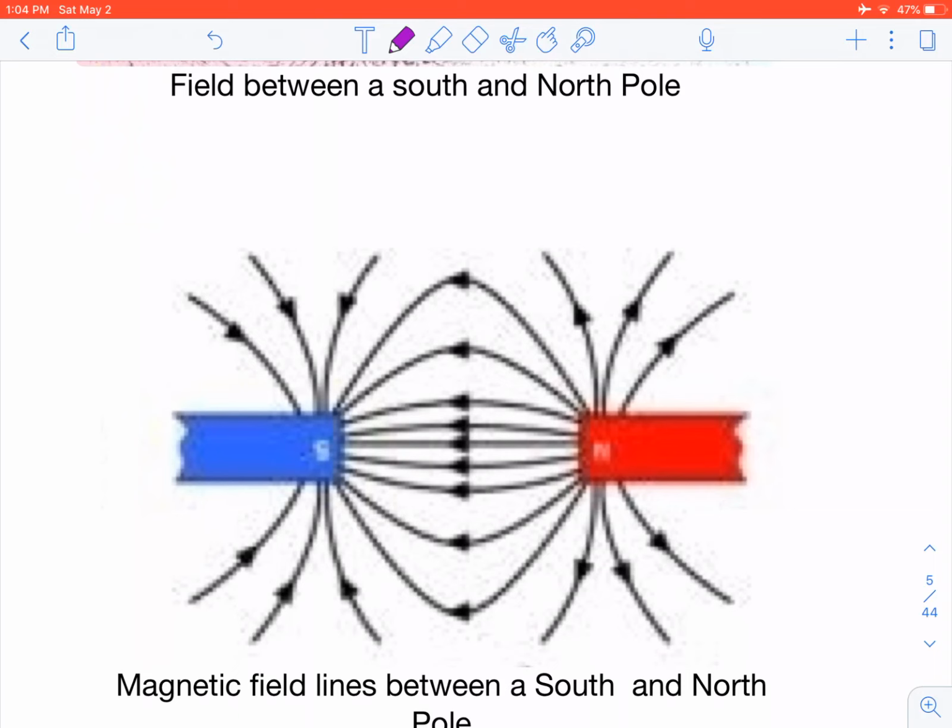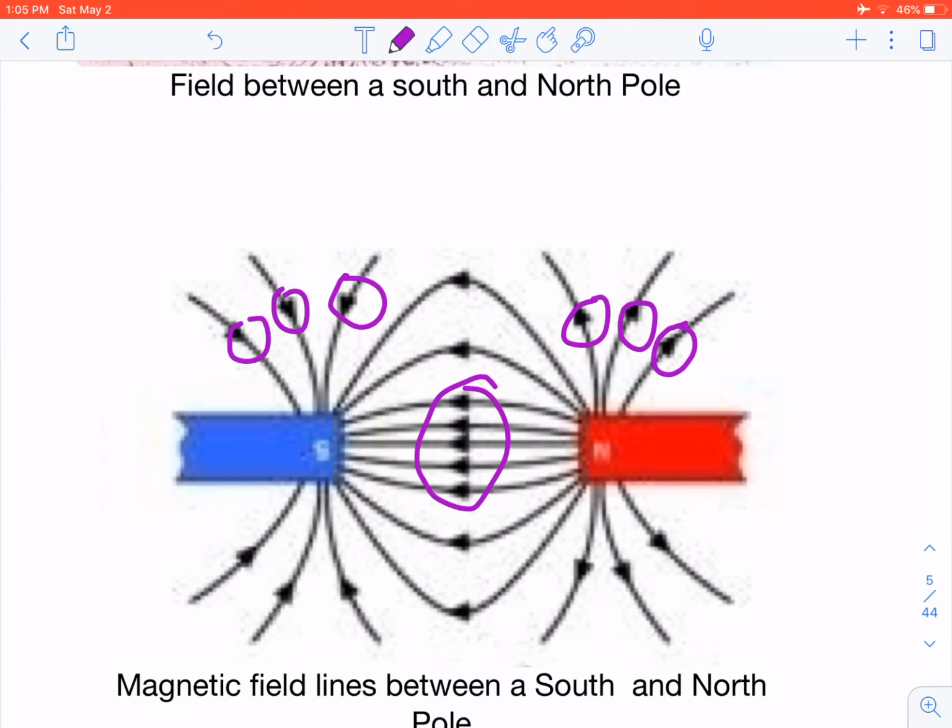Okay? It gives us an indication again of the field lines moving from north to south. Here in the south it's moving towards the south. Here it's moving away from the north, and in between it's moving from north to south.